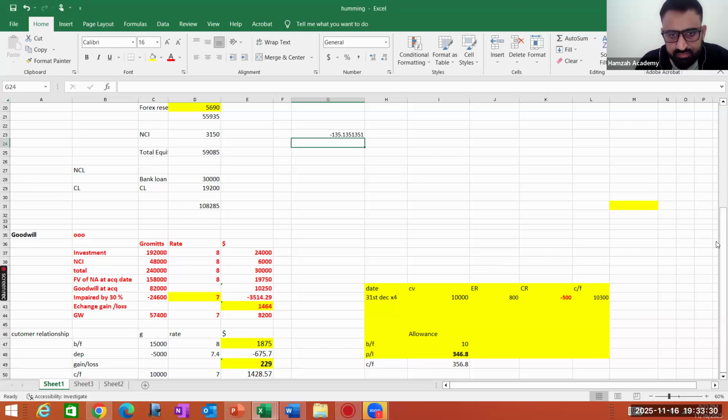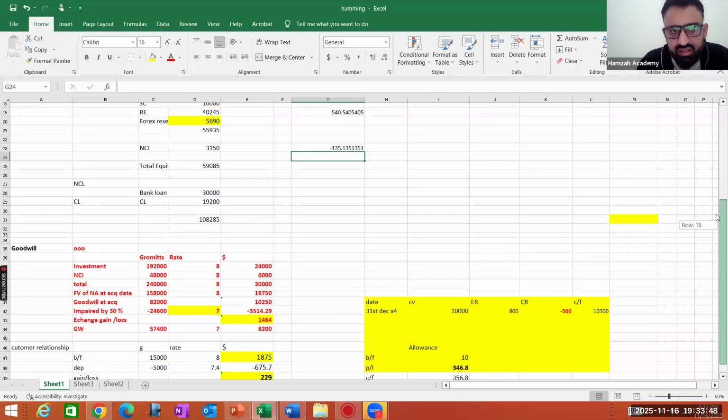Similarly, there is an exchange gain as well, and that exchange gain needs to be reported. Now, exchange gain, as you can see, is 229.